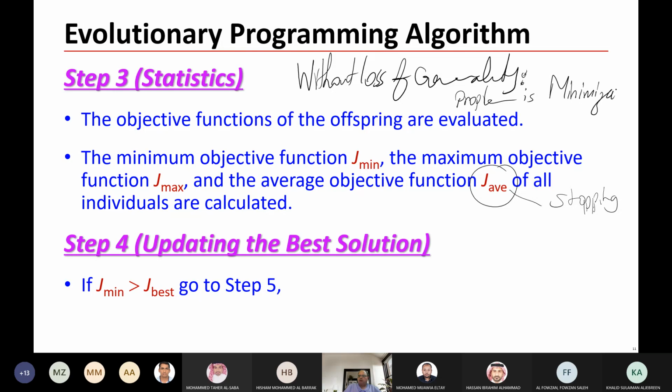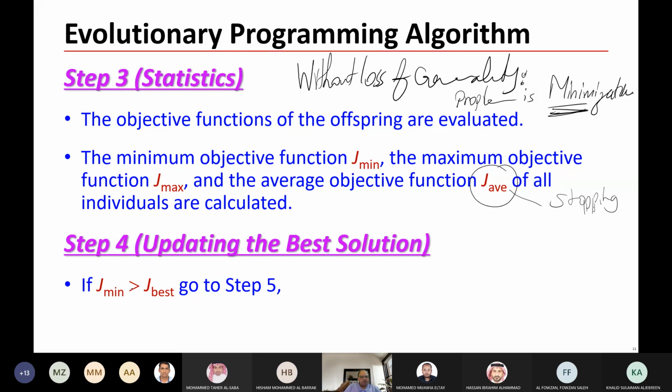All we are doing here is assuming that this is a minimization problem, since the default for the genetic algorithm in the MATLAB toolbox is minimization. If you need maximization, you know how to do it by multiplying the objective by a minus sign or whatever.